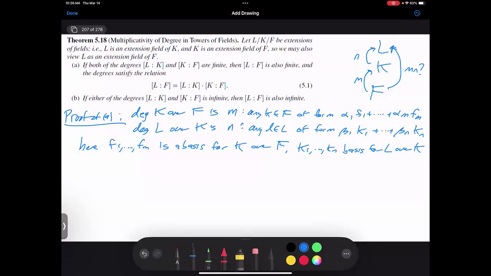Okay, so I'm basically saying I can write anything in K as a combination of some basis elements. Let's call the basis elements f1 through fm. Where do the coefficients alpha live?